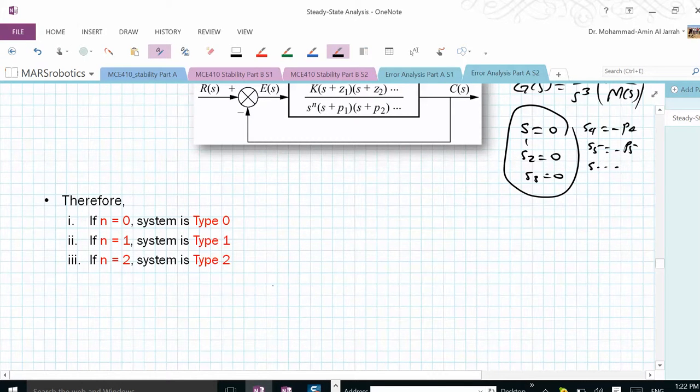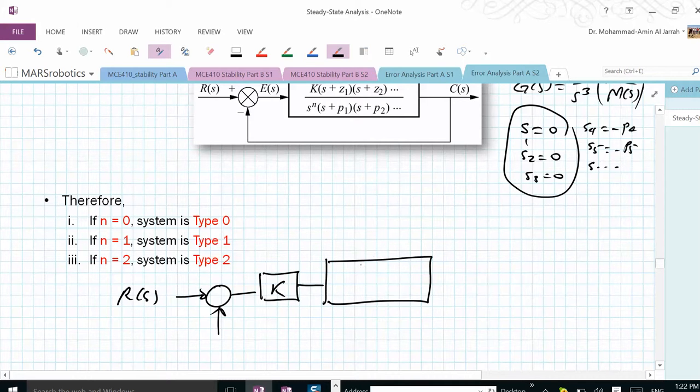Let me write R of S. You have the system input and you have K. Look at the system here. I just separated K out of the rest, and I have S plus Z1, S plus Z2. You are familiar with this writing, right?